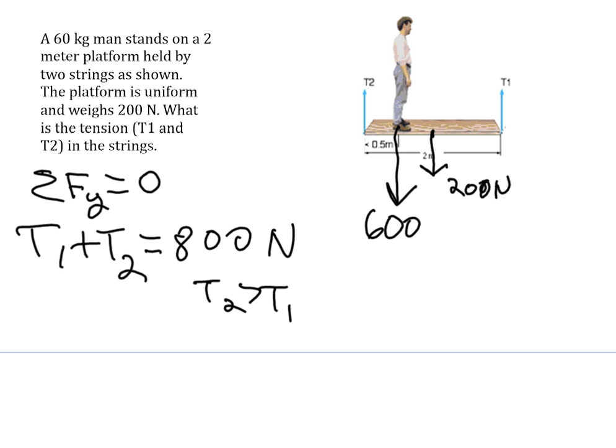To find this out, we need to take torques about some point. We can choose any point we want, but let's choose this point right here to take torques about. So the sum of the torques around that point has to add up to zero. Now we have two forces that cause counterclockwise torques, the 600 newton and the 200 newton. The torque exerted by the 600 newton force will be minus 600 times 0.5.